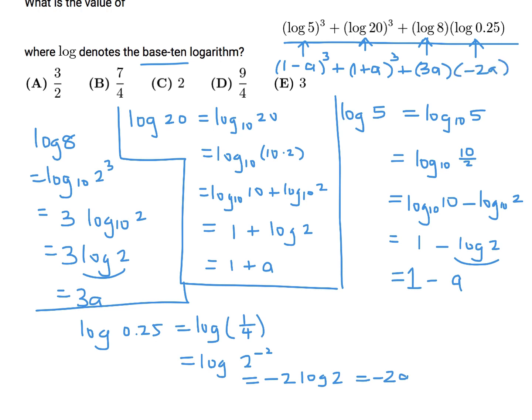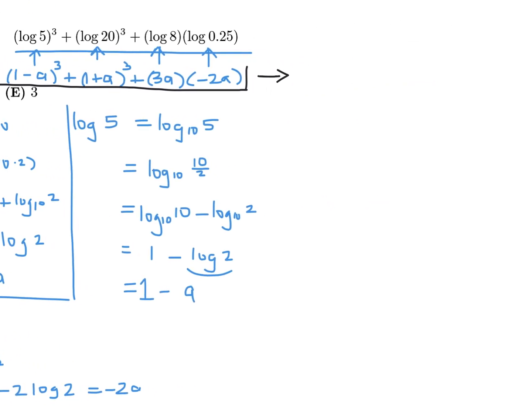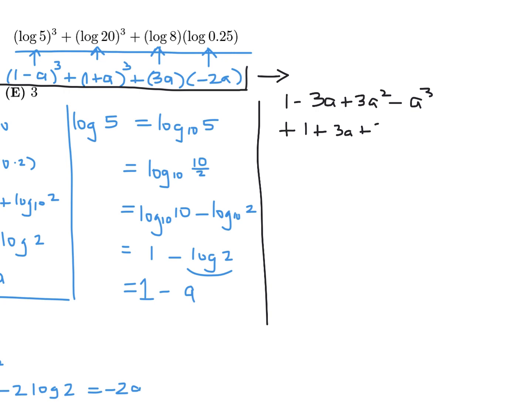Then we simply try to simplify that expression. We expand this all out, and we get 1 minus 3A plus 3A squared minus A cubed, and then plus 1 plus 3A plus 3A squared plus A to the power 3, and then minus 6A squared.